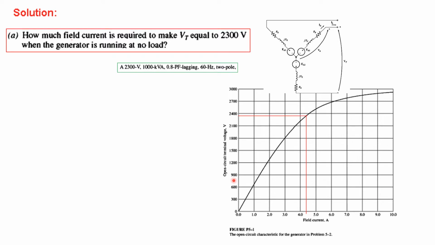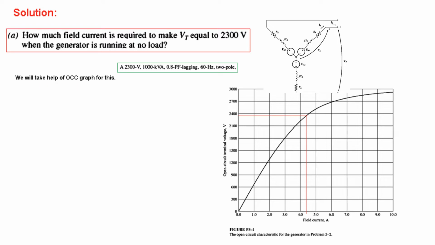Open circuit terminal voltage is plotted here, and the field current is plotted here, and this is the data given. So this is the terminal voltage or line to line voltage. This is power factor, and the frequency and 2 poles.